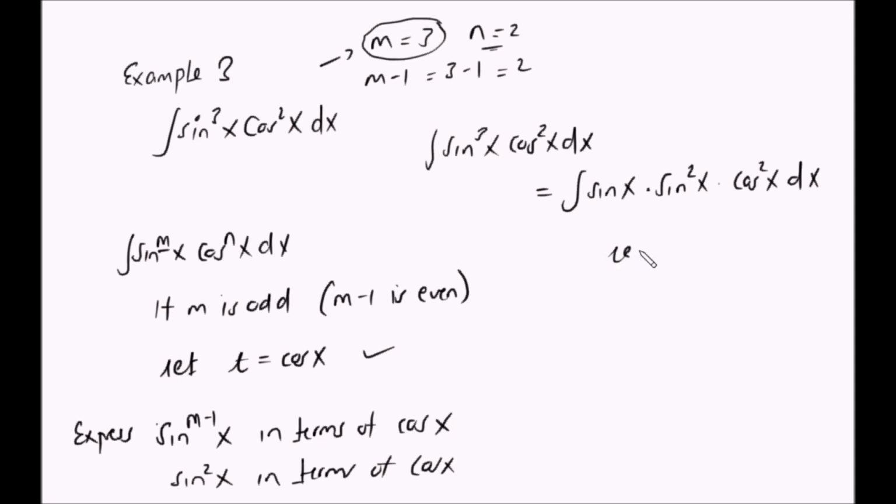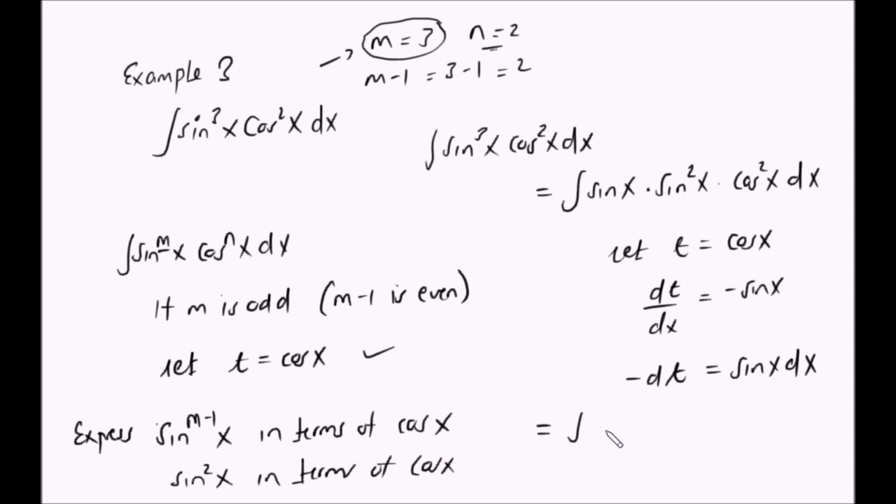So tumesema tutalete t ni nani? Cos of x. So dt dx ni negative sin of x. So you can see kwamba negative dt itakuwa ni sin of x dx. So huyu sasa unaweza kumwandika hivi. So we have sin squared x times cos squared x times sin x dx.